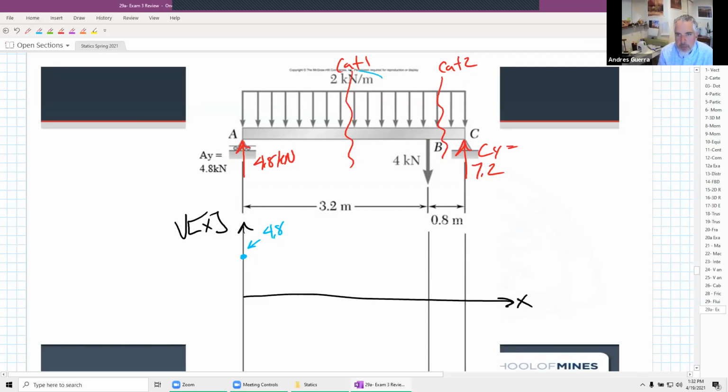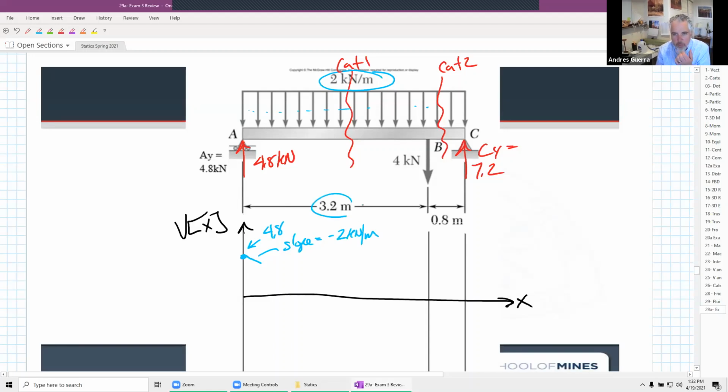Now we jump in and we are in this distributed load all the way till we get to point B. Well, that's the slope of our shear diagram. So we know that our slope is going to be equal to -2 kilonewtons per meter.